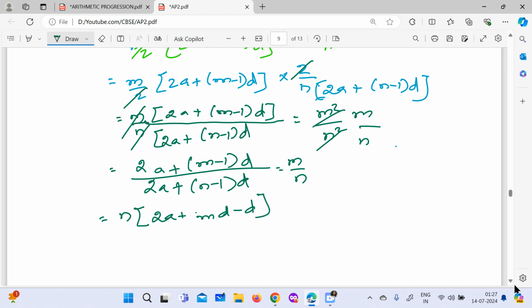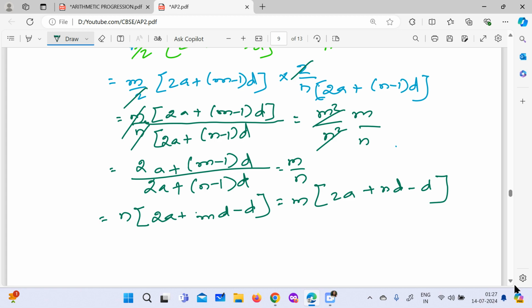And here, we were cross multiplying this, so equals m times 2a plus nd minus d.